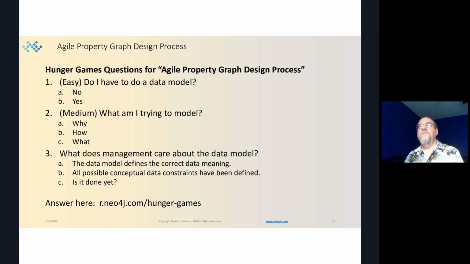Your medium question: what am I trying to model? And your three choices are why, how, and what. And then finally, what does management care about the data model? Well, they care that the data model defines the correct data meaning. Do they care that all possible conceptual data constraints have been defined? Or do they care, is it done yet? And once again, if you're playing the game, there's the website to go and put your answers in.